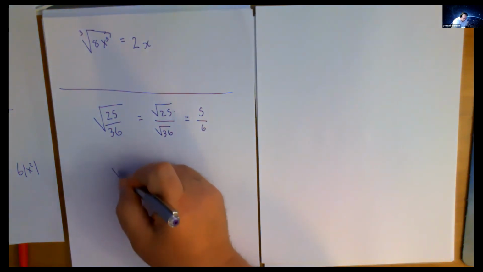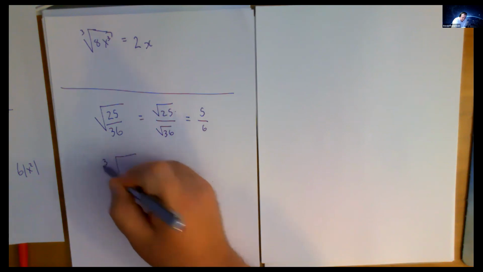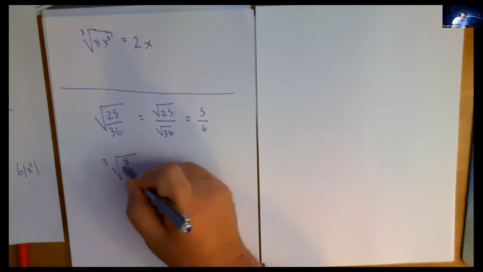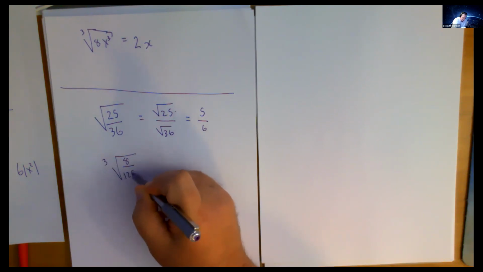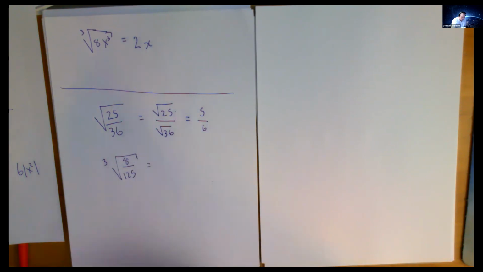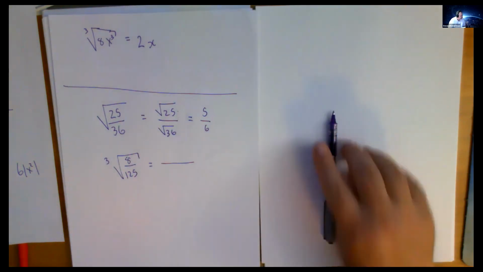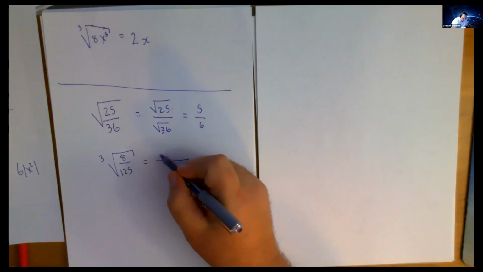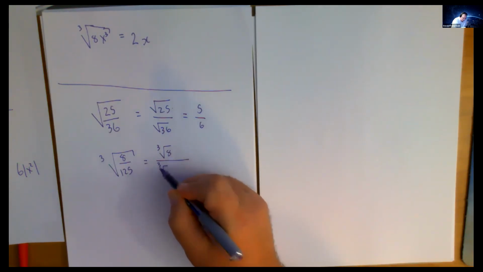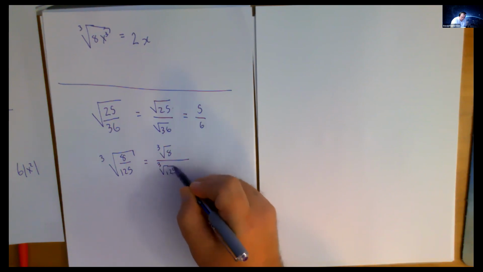What about the cube root then of 8 on the top and 125 on the bottom? Well, cube roots follow that same trick. Cube root at the top, cube root at the bottom.